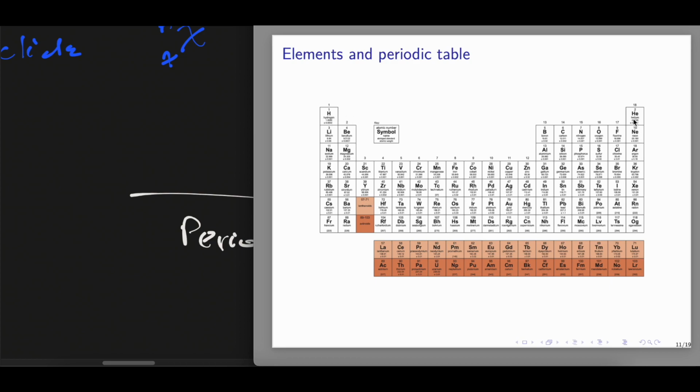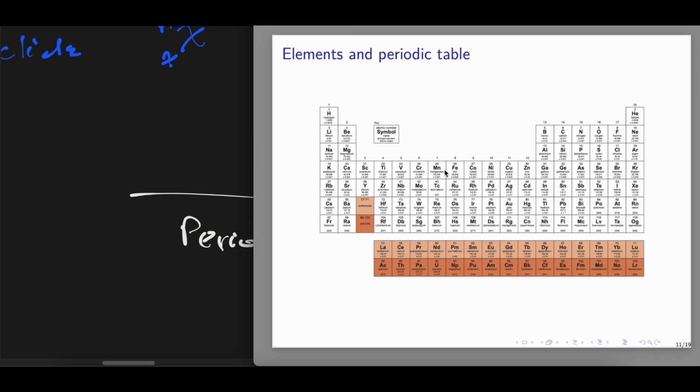The second one is helium, because it has an atomic number of 2. The second line we start with lithium with atomic number 3, beryllium 4, boron 5 until neon of 10. On the third line we start with sodium, which has an atomic number of 11, and so forth. So we can see that all elements are arranged according to their atomic number.